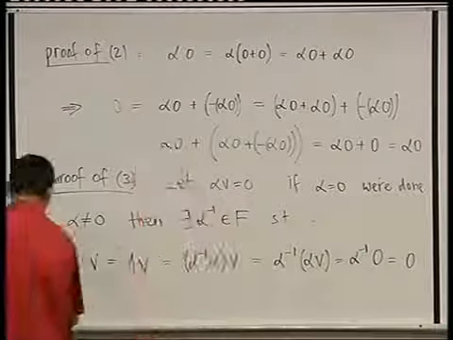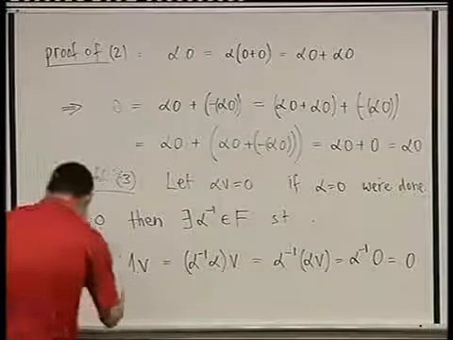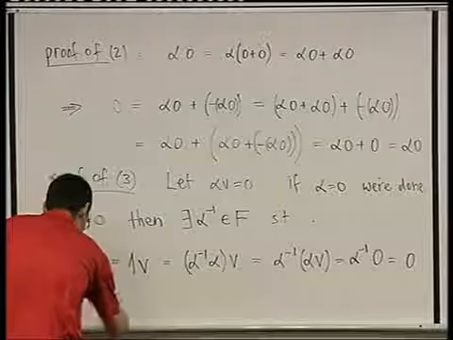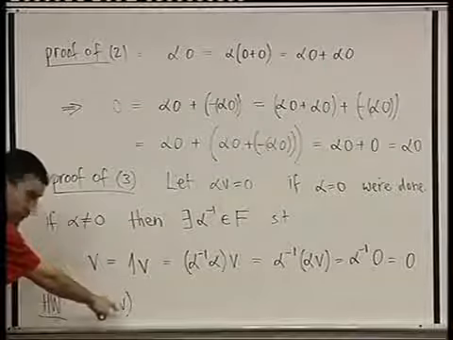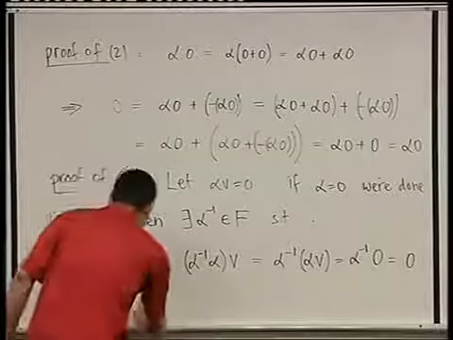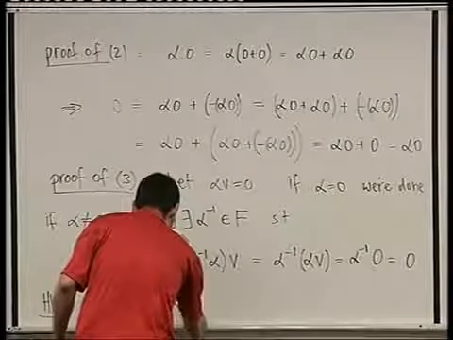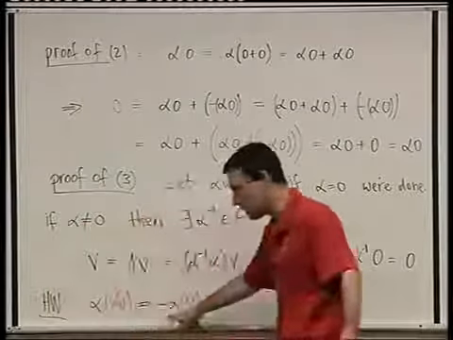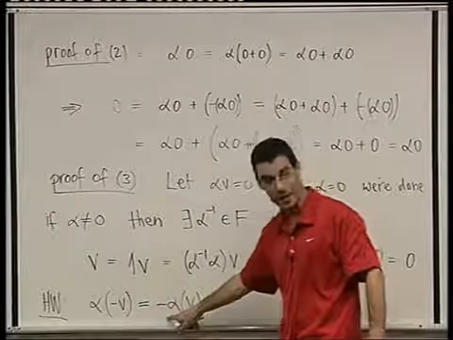Here's homework. Try to show, for example, that alpha times minus v, the inverse of the vector v in the vector space, equals minus alpha times v. Minus alpha is the inverse of the scalar alpha.